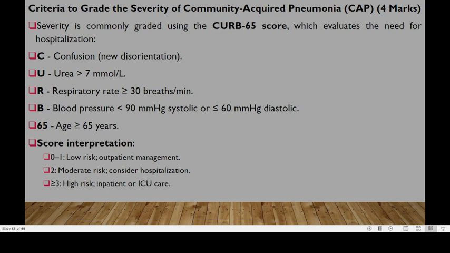So that you classify them into 0 to 1 low score, 2 moderate score, 3 high score.